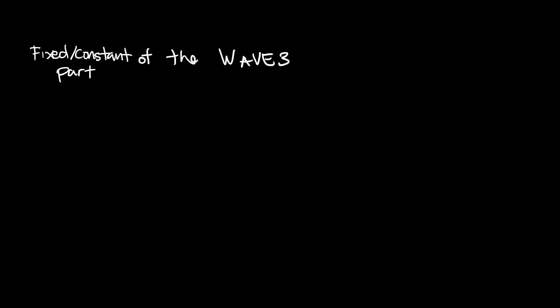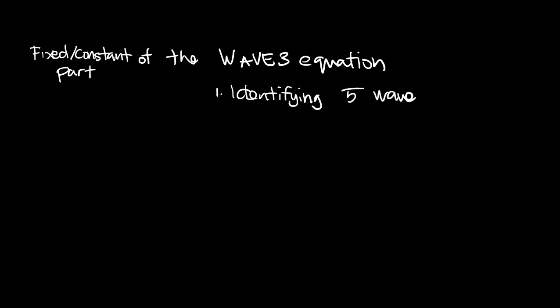Now that we know these pieces of information, we can focus our analysis on determining the fixed part or the constant part of the wave 3 equation. In summary, when combining these 3 points, plotting potential wave 3 DCS is as simple as number 1, identifying 5 wave moves with 1, 3, and 5 subdivided into their own 5 waves.